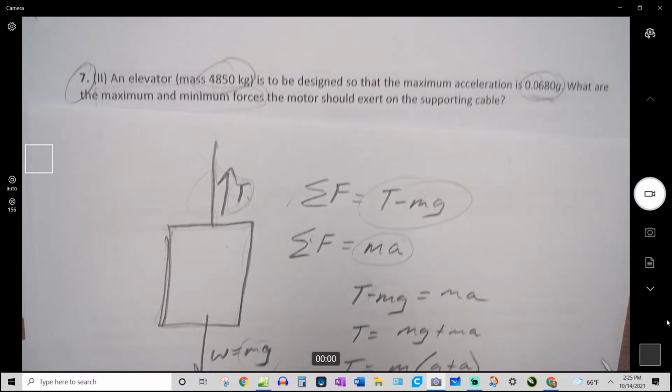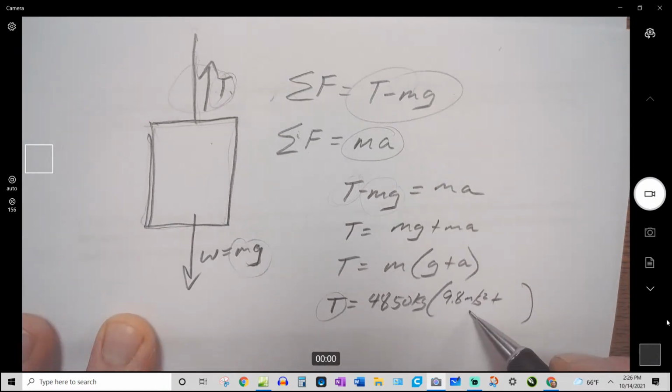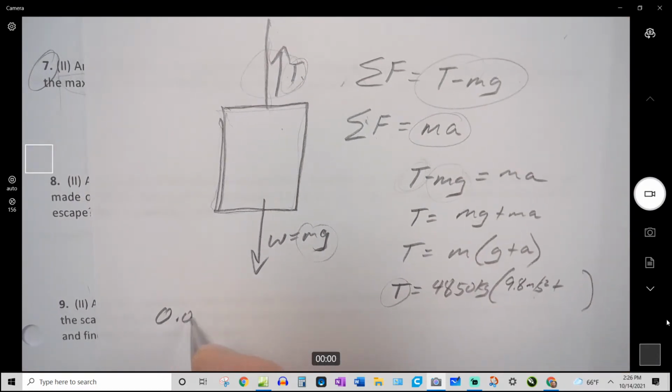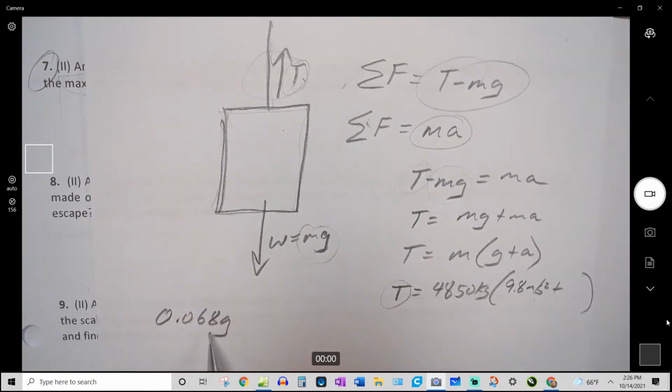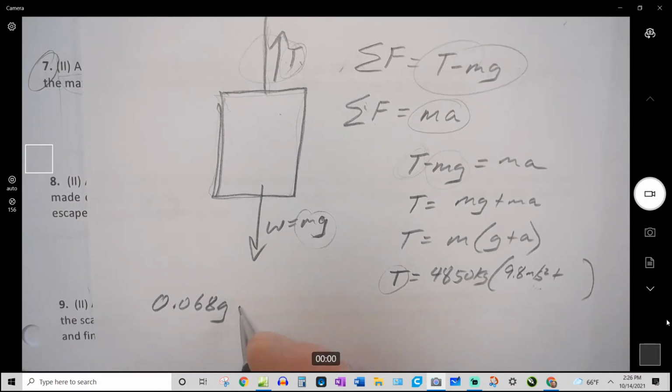And the acceleration is 0.068 g. I can't really add that to meters per second squared. Let me just write it over here, and then somebody tell me what to do with it. What do I do with this? It's got different units. How could I get the units to be meters per second squared? Multiply it by 9.8. Right, so this is 0.068 times 9.8, because 9.8 meters per second squared is g.